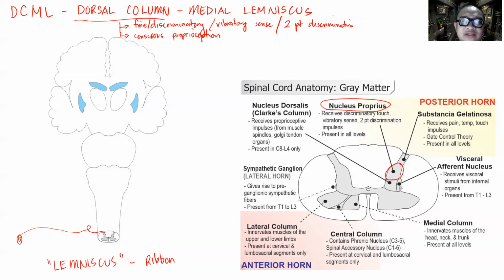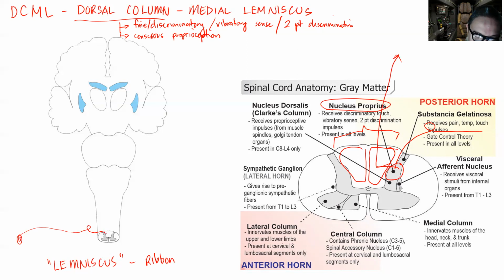That's your dorsal column. If this is your dorsal column, it's going to go here. This is the area where you can find your dorsal column tracts. That is why it's called dorsal column, because it's in the dorsal part of your spinal cord between two posterior horns, and it's going to ascend.